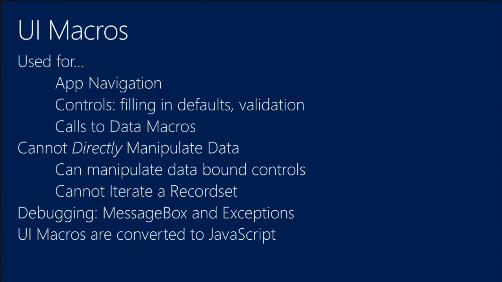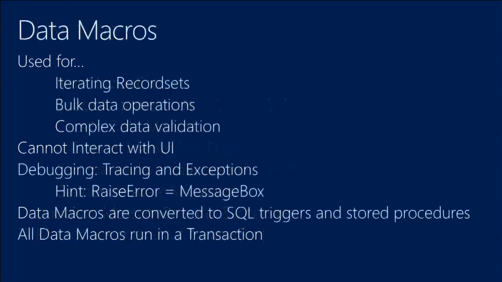And if you want to know what they're turned into on the back end, they're converted straight into JavaScript, if that gives you a better idea of what UI macros are. Data macros, on the other hand, run within a transaction in SQL, and they're converted into SQL triggers and stored procedures. So that should hopefully give you a better idea about the difference between them.